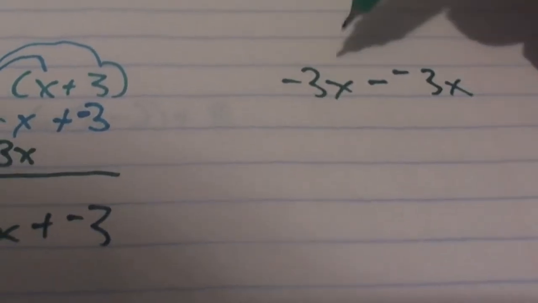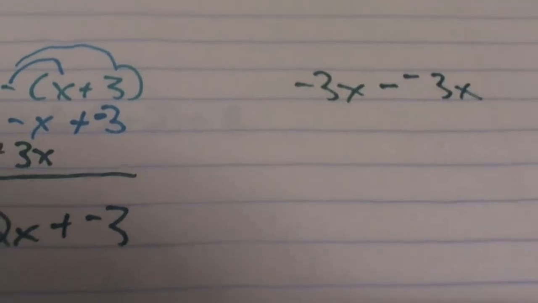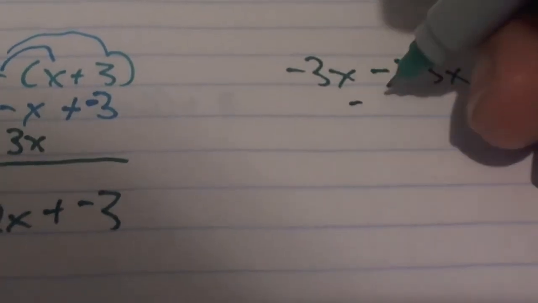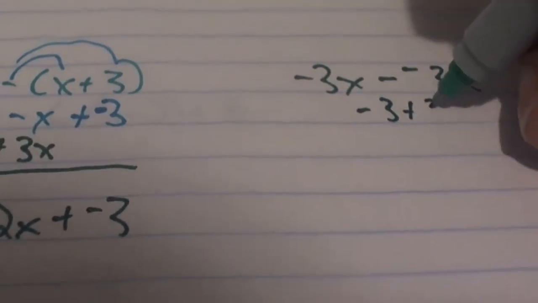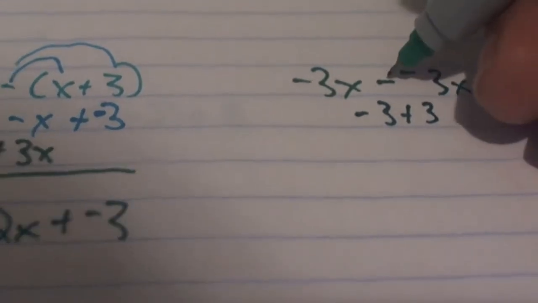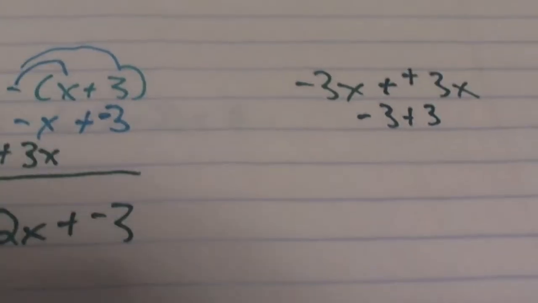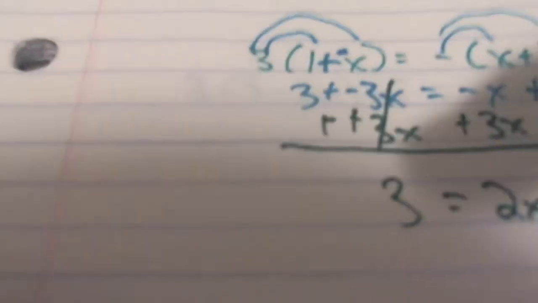If you put negative 3 minus negative 3, it's the same thing as saying negative 3 plus 3. Okay? So minus a negative equals a plus. Okay? So whenever you want to cancel out a negative number, you just add the same quantity. So we wanted to get rid of negative 3x, so we have to add 3x to both sides.